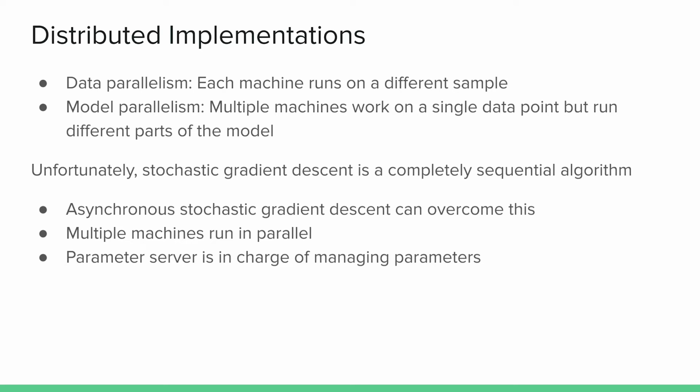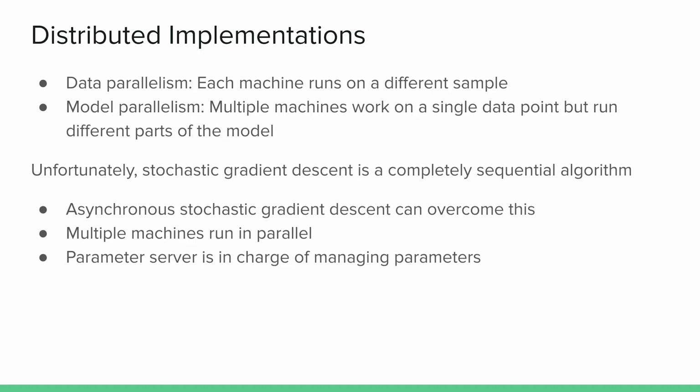Or you can do model parallelism by having multiple machines work on a single data point but run different parts of the model. So you kind of cut the model in the middle. One part trains the first few layers and the rest trains a different part of your model. Unfortunately, stochastic gradient descent is a completely sequential algorithm. So all of these algorithms for distributed implementations need some way to overcome this limitation.